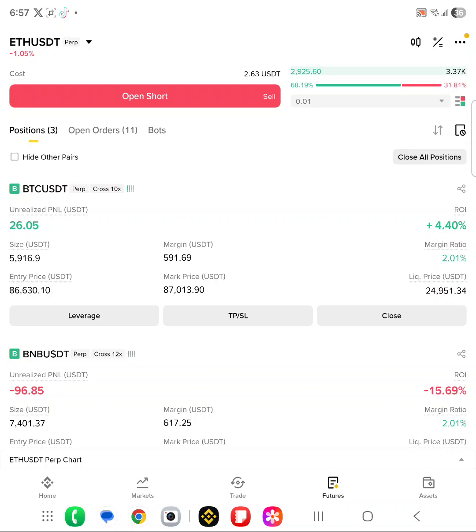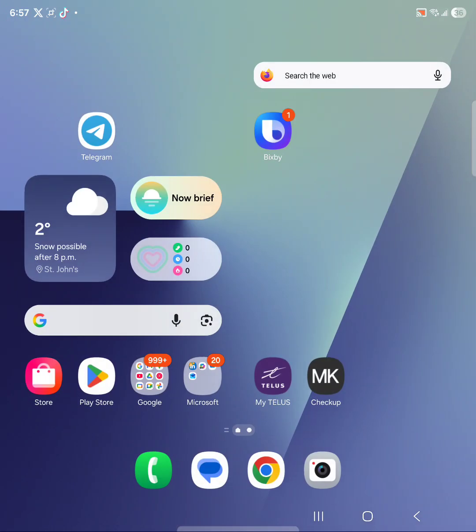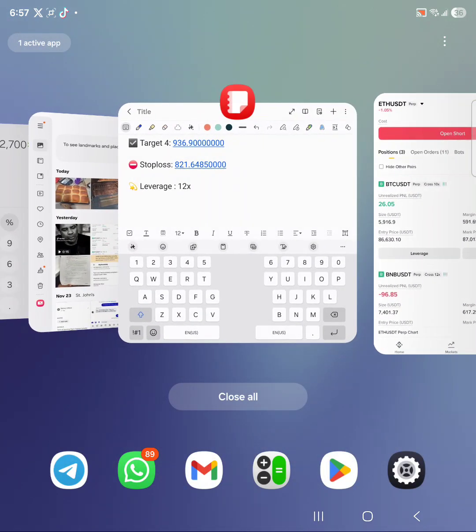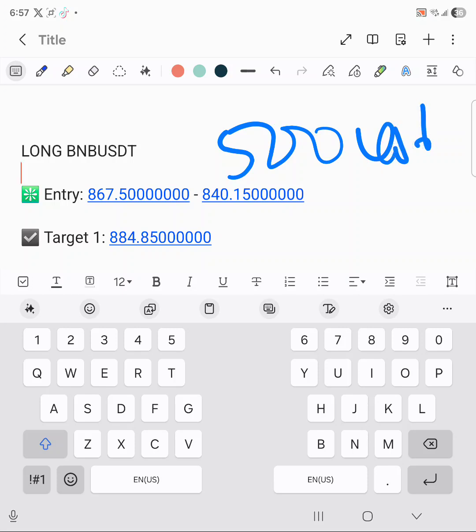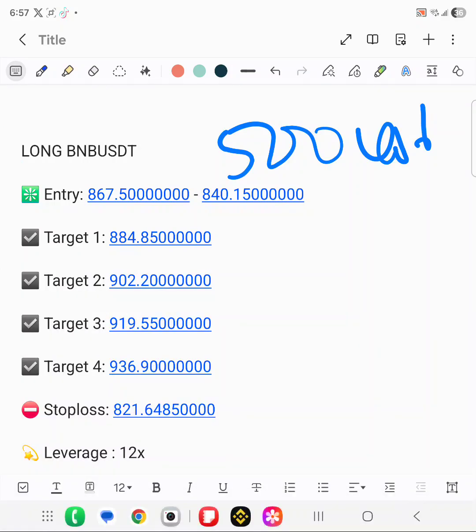So now, what do you do? Let's give a scenario. You have $500, right? 500 USD is your capital. You want to trade this signal, this BNB signal that I have here.